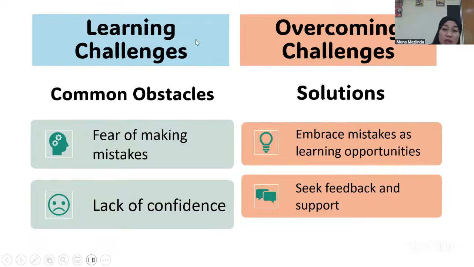And if you lack confidence, the more you speak, the more confident you'll be with the words you're using, and you'll be familiar with the language. Through time, inshallah, you will gain confidence in using the language.